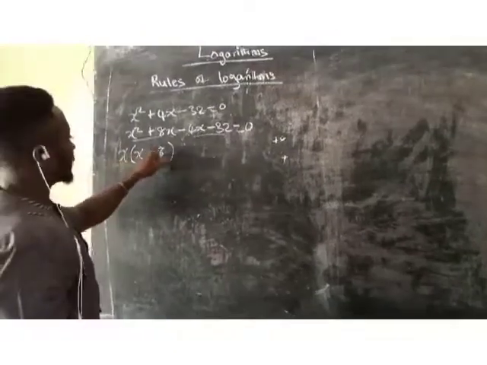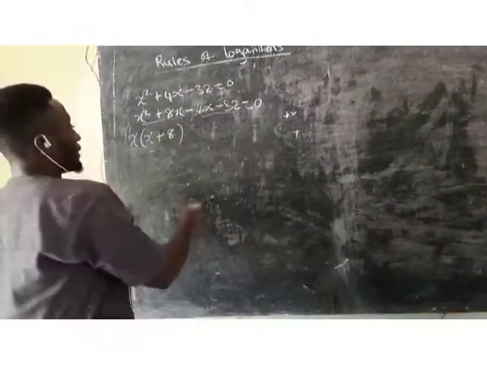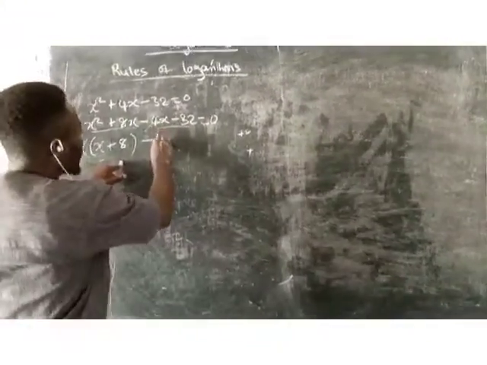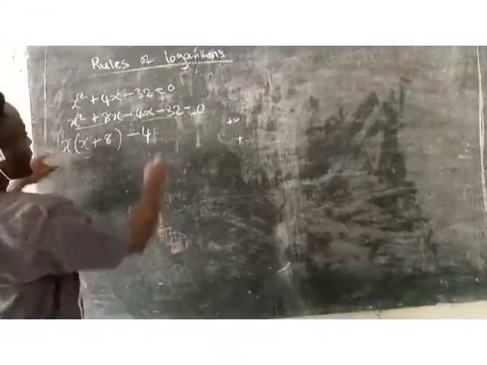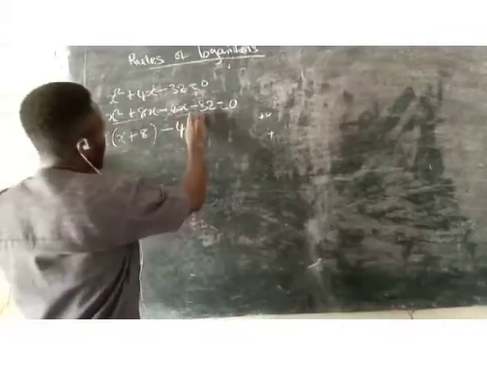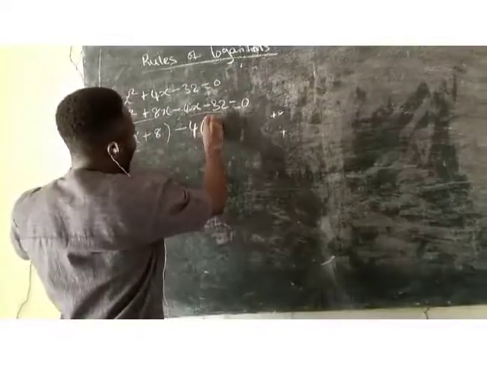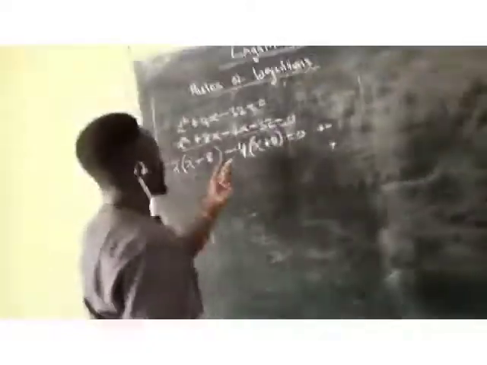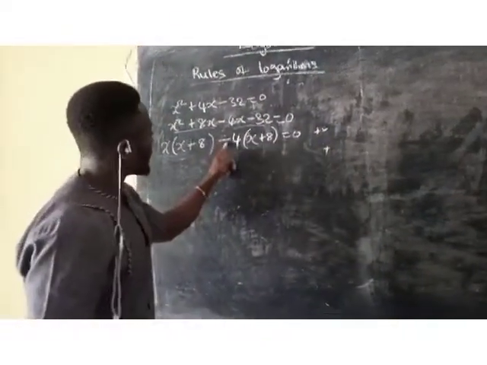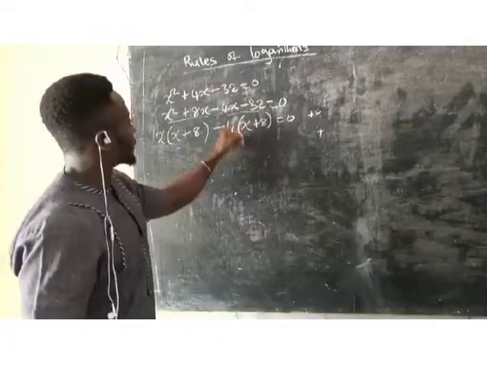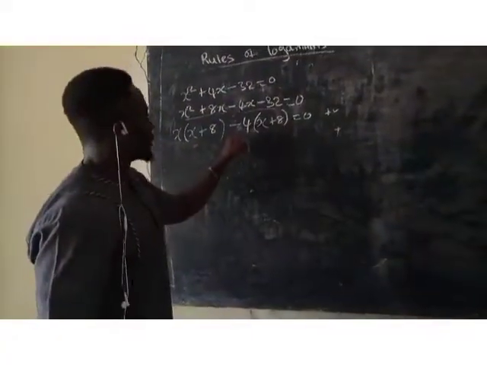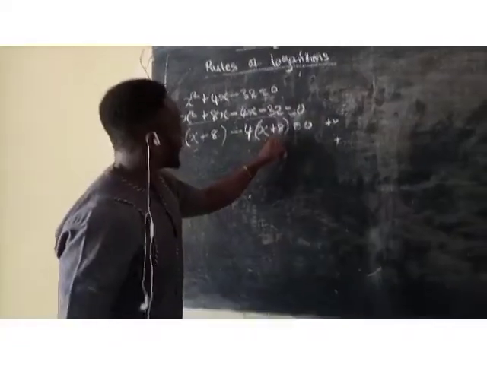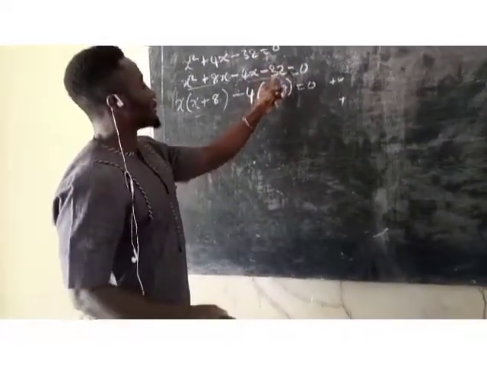When you multiply this like this, it will give you 8x. Then from here we have minus 4 outside there times x plus 8, which is equal to 0. Here when you say negative 4 times x, it gives you negative 4x. Negative 4 times positive 8 will give you negative 32.